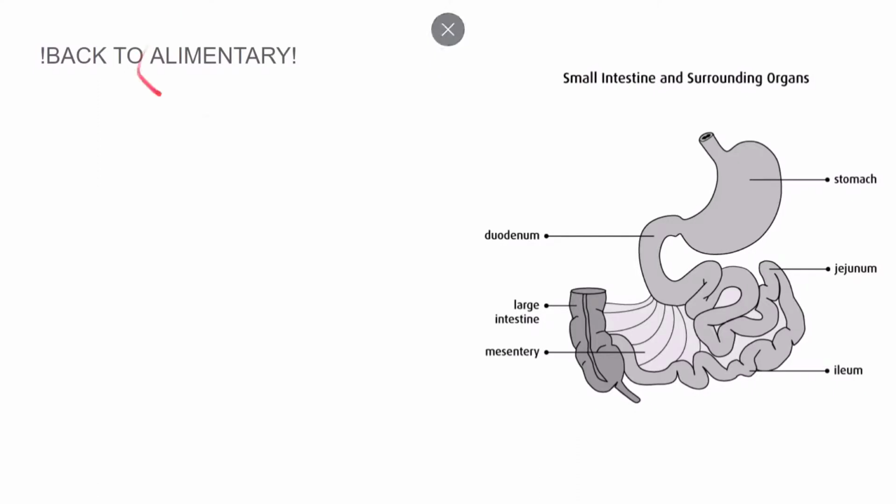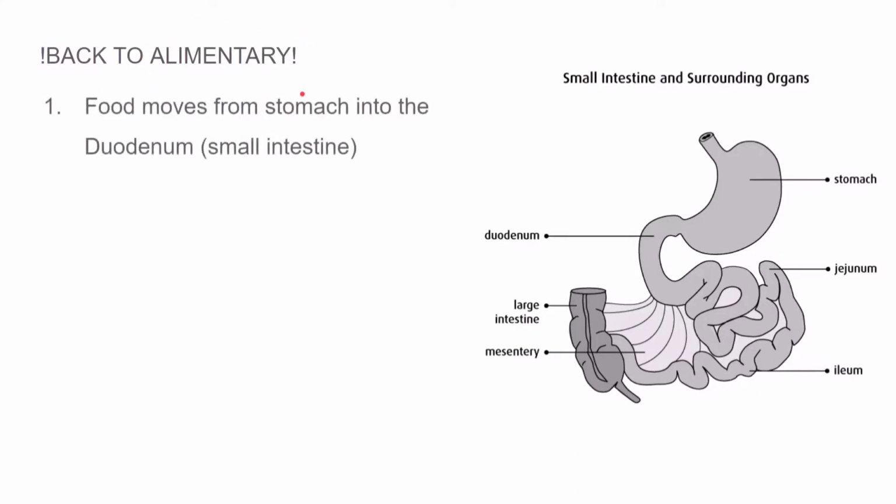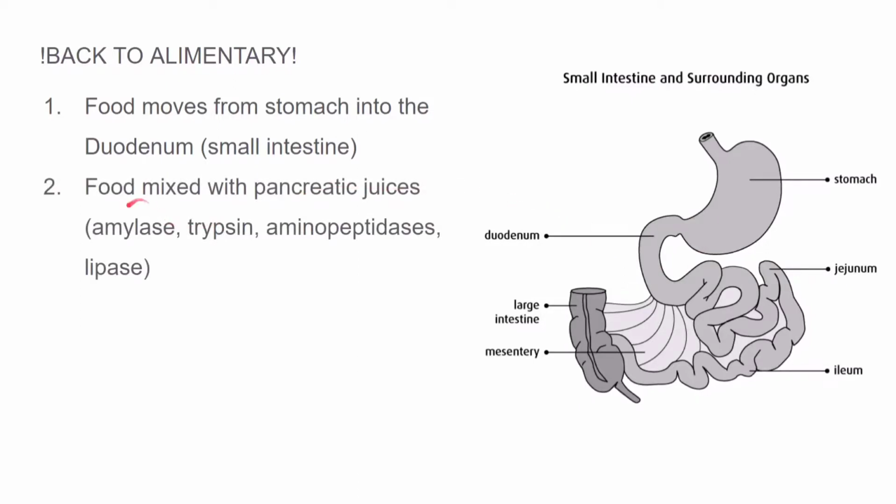And now we're moving back into the alimentary canal, so where the food is actually passing through. And so the food moves from our stomach, where we left it, in the acidic environment, into our duodenum. And the duodenum is just the top of the small intestine. And this is where the food mixes with our pancreatic juices. So our pancreas, we can imagine, is behind the stomach here, and feeds its pancreatic juices into the duodenum in the small intestine. At the same time, our food passes into the duodenum.